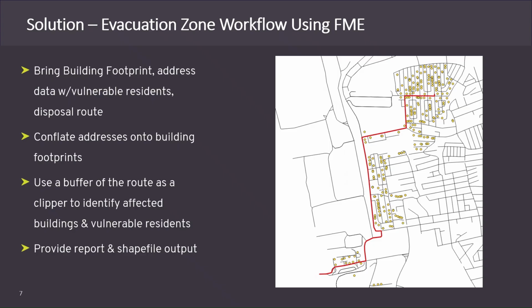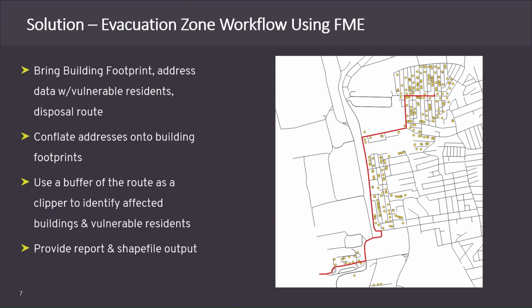The solution would be to create an evacuation zone using FME and using the event of interest as the basis for that. So I did that by bringing in the building footprints and address data that I can get from Ordnance Survey over there. And for the vulnerable residents, they have a UPRN system which identifies residency addresses.